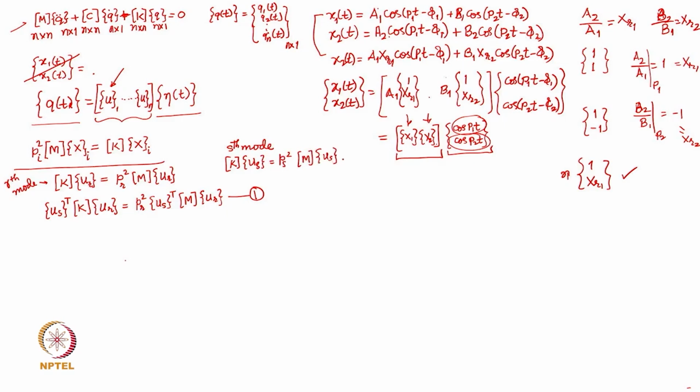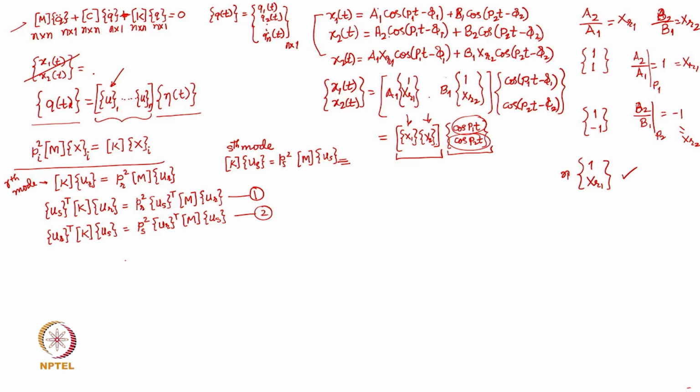Now, if I pre-multiply this equation by ur transpose, then the way I have got this equation number 1, I get equation number 2, which I am going to write this way. Now, soon you will realize what we are up to. Just hold on for a while, because it looks a little weird why we are doing all of this. That is going to open up interesting things shortly. Okay.